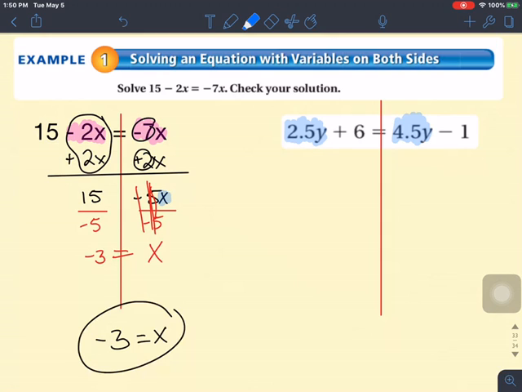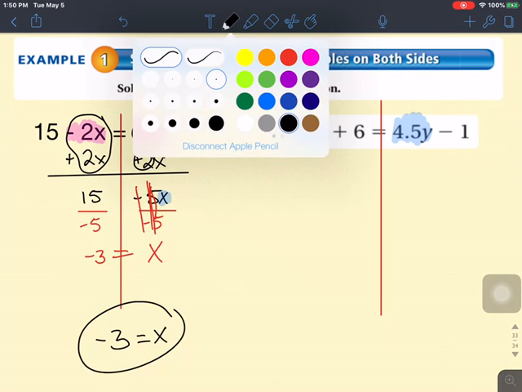But I never like to have a negative y or a negative x. If I decided to subtract 4.5y from both sides, I'd have a negative 2y on the left, and I just don't want to do that. Just a personal preference from years of doing this.